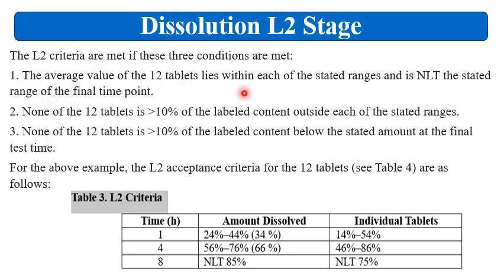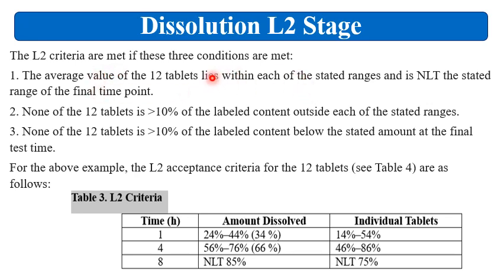The average value of 12 units lies within each of the stated ranges and is not less than the stated range of the final time point. Here, average value came into the picture.